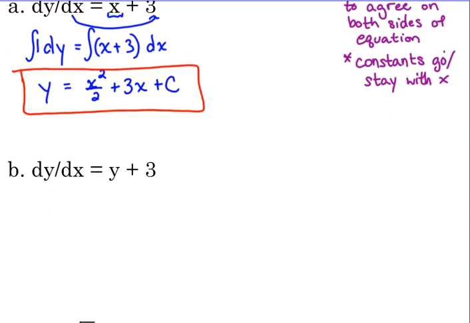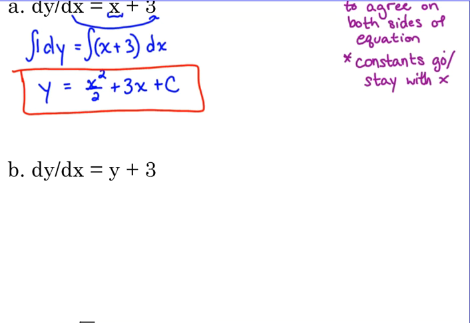All right, let's change this example just slightly. Let's change that x into a y. So we've got dy over dx is equal to y plus 3. We need the variables to agree on each side. So on the left side, we've got y and x.